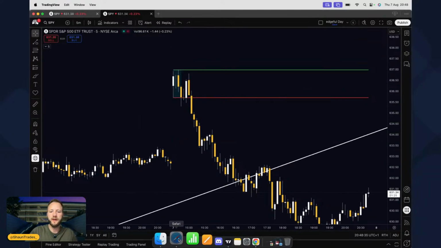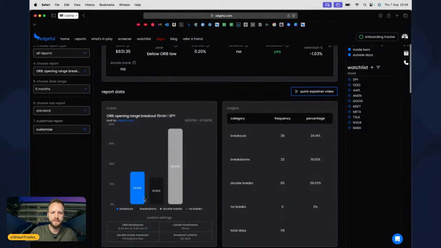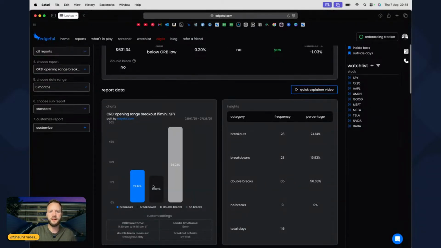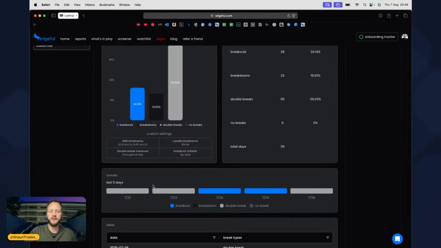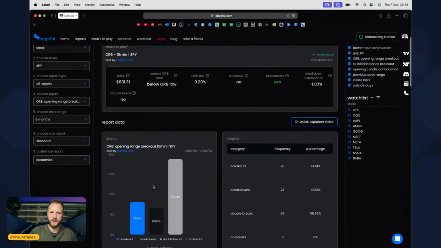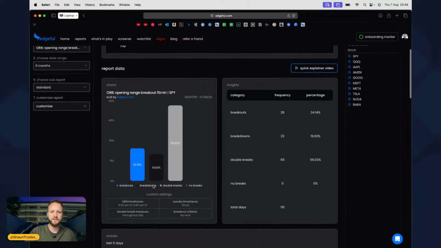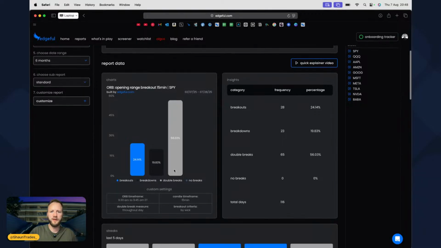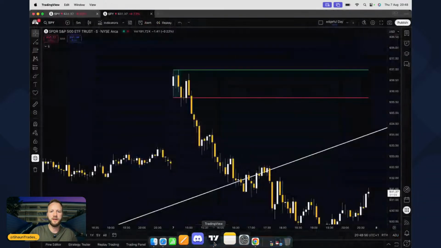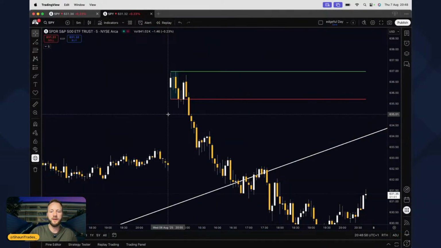There's a 20% chance of a breakdown from today's opening range breakout, and a 56% chance of a double break. So it actually was the 20% today. That's actually quite rare.